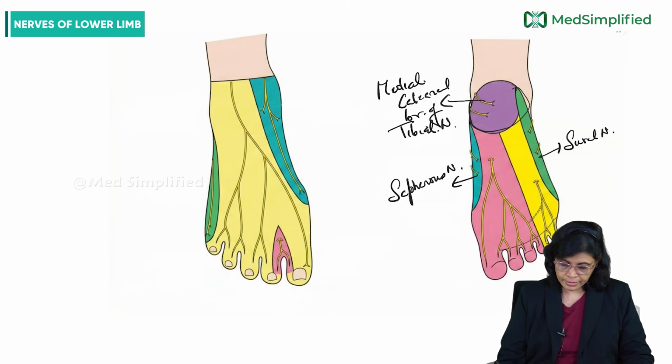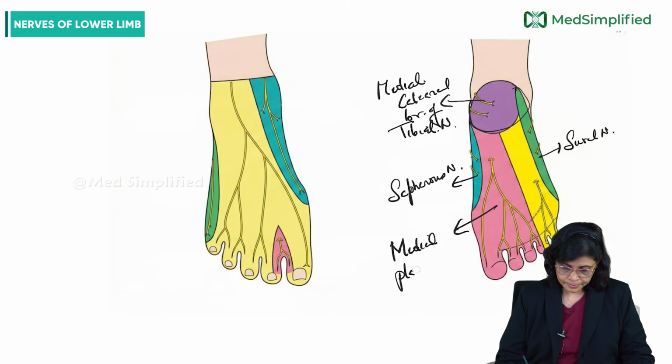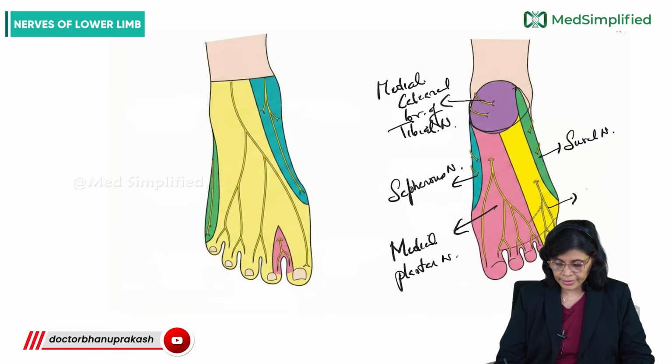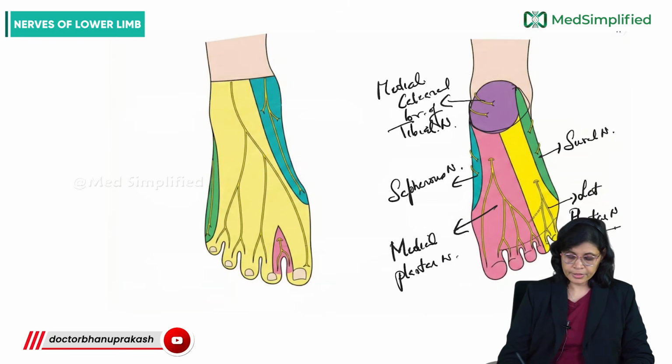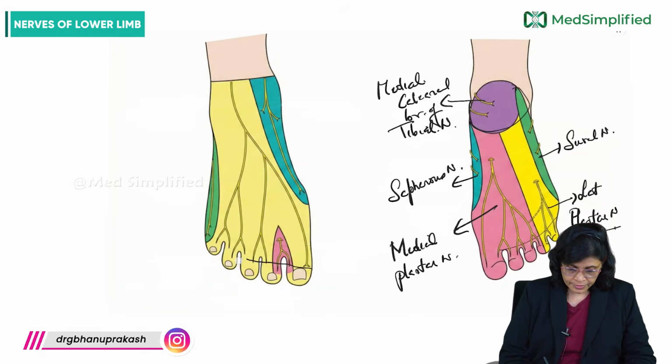Then the medial 3.5 digits plus the medial two-thirds of the sole, we see the medial plantar nerve. And the lateral one-third and lateral 1.5 digits, we see the lateral plantar nerve. I already told you this, but you have to remember these 3.5 digits will be the medial plantar nerve, and this will be the lateral plantar nerve.